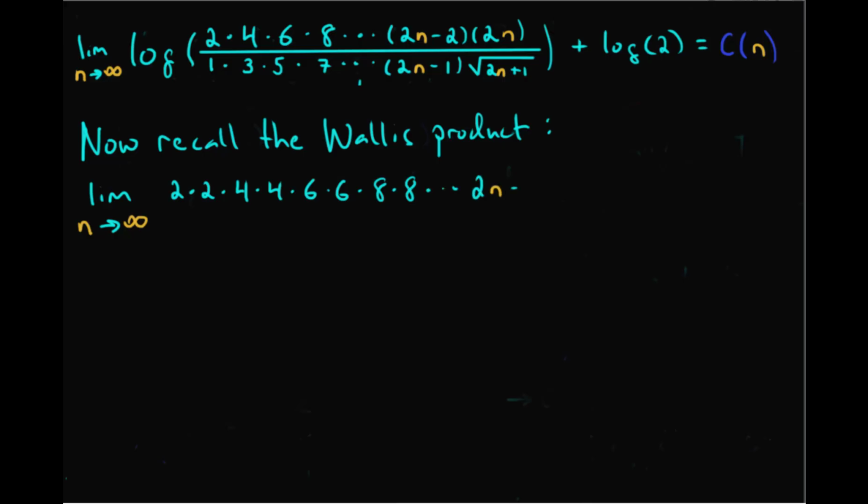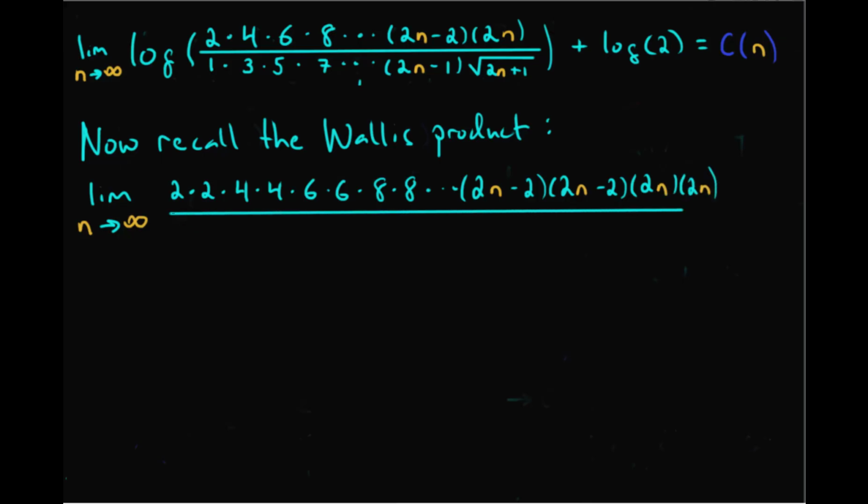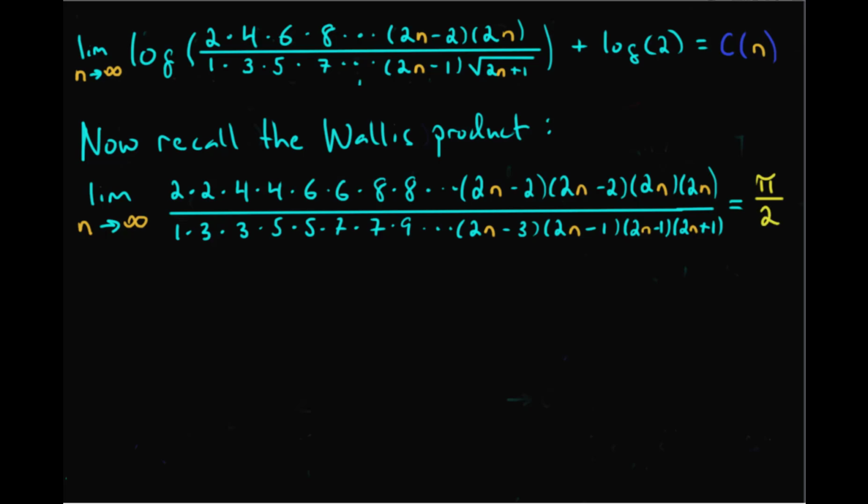Anyway, the Wallis product says that the limit as n approaches infinity of the quotient 2 times 2 times 4 times 4 times 6 times 6 times 8 times 8 times 2n minus 2 times 2n minus 2 times 2n all over 1 times 3 times 3 times 5 times 5 times 7 times 7 times 9 times 2n minus 3 times 2n minus 1 times 2n minus 1 times 2n plus 1, that this infinite product, really the quotient of these two infinite products, equals pi over 2.